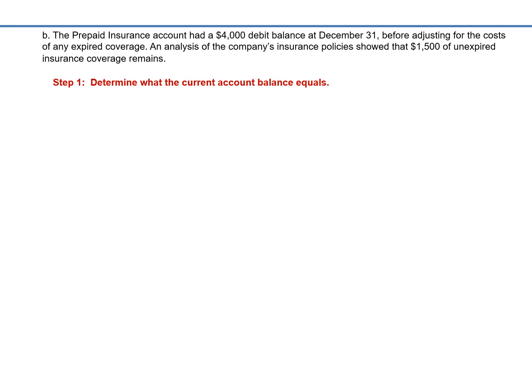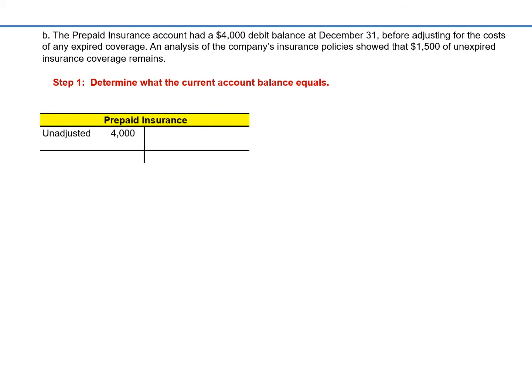In Part B, the prepaid insurance account had $4,000 debit balance at December 31st, before adjusting for the cost of any expired insurance. An analysis of the company's insurance policies showed that $1,500 of unexpired insurance coverage remains. So determine what the balance equals. It equals 4,000.